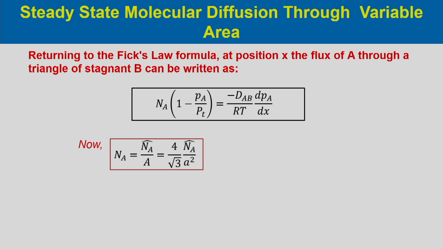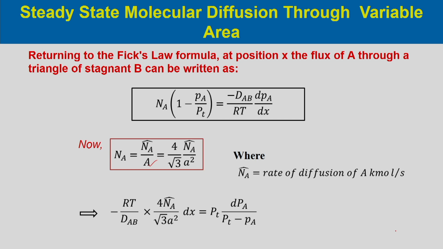Now, if we define N_A is equal to N_A cap divided by A, where N_A cap is the molar flow rate, the rate of diffusion of A in kilomole per second, then substituting the area as we calculated before, N_A equals 4 by root 3 N_A cap by a square.